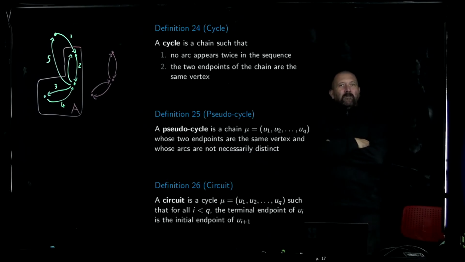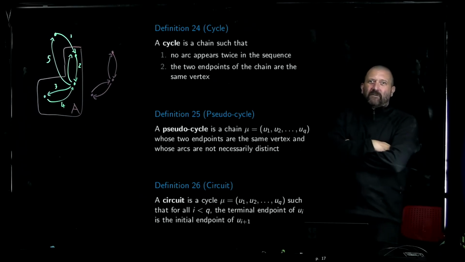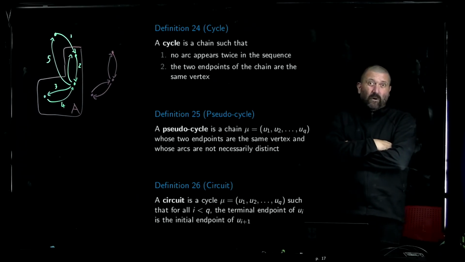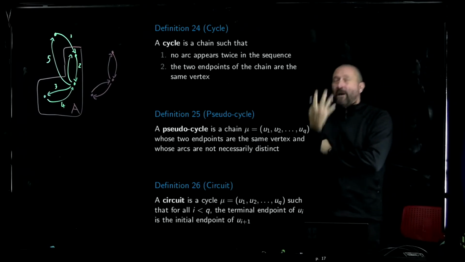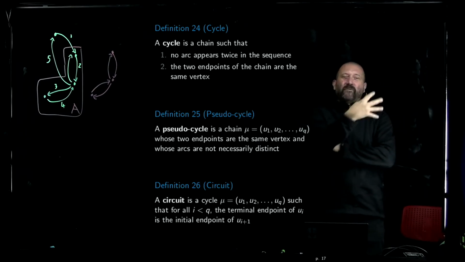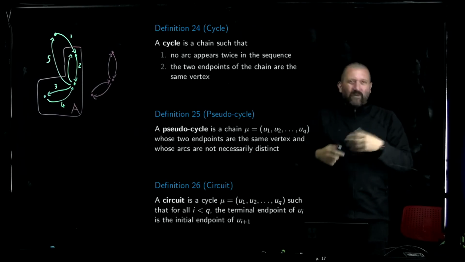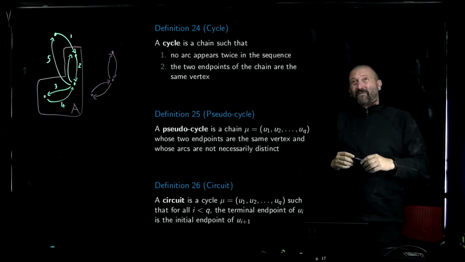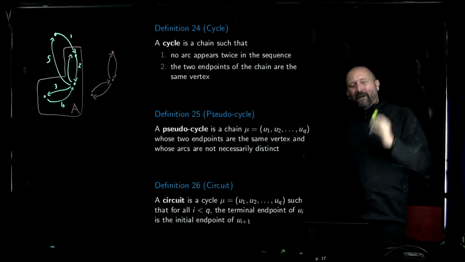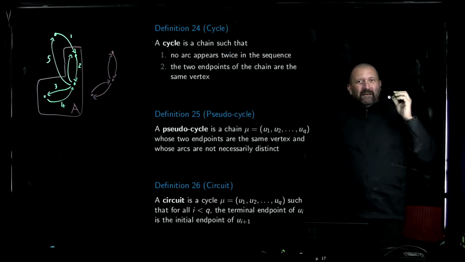Okay, no, I think that's about it. A cycle now is a chain in which an arc does not appear twice. So we don't use the same arc twice. And additionally to that, the endpoints are the same.